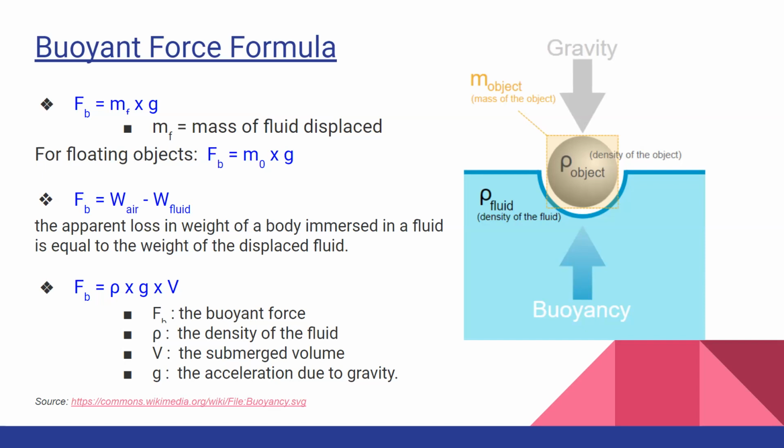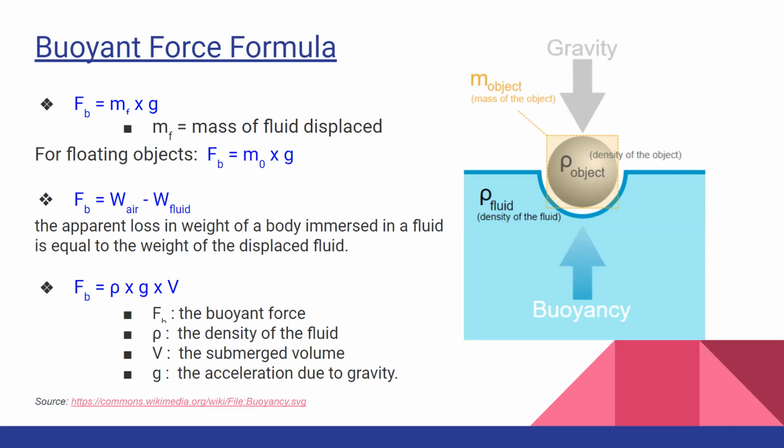The rho here refers to the density of the liquid, not the object. g, or little g as I like to call it, is the acceleration due to gravity on Earth, which is about 9.81 meters per second squared.